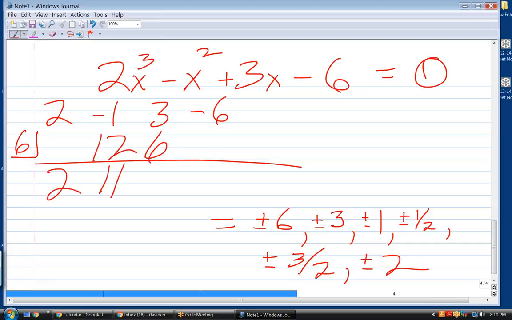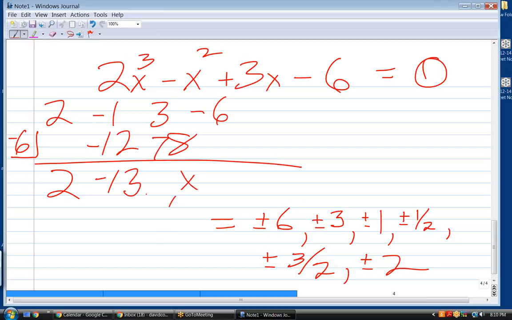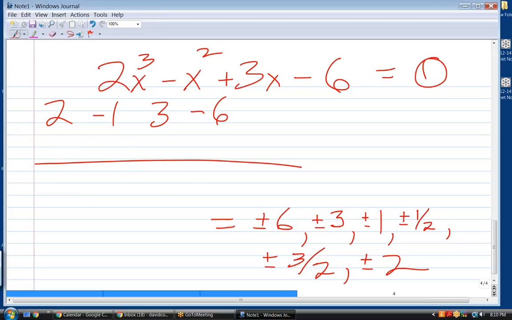Correct. Minus 6. Okay, time to try the fractions.